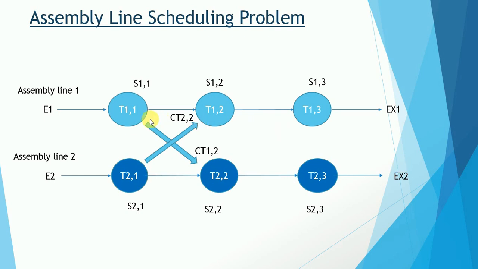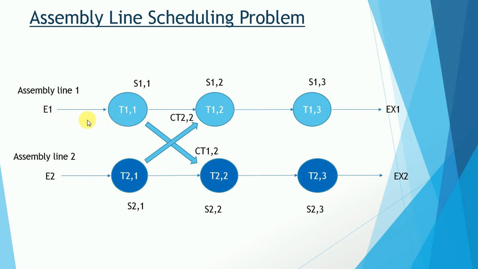Now we have these variables T11, T12 written inside the circle. So what do they denote? Let me tell you that T11 indicates the time taken by this station to do a job on the chassis.